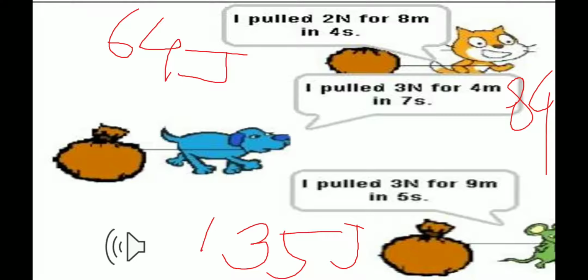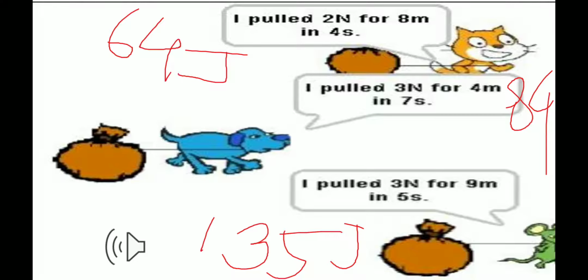And in the next case, I pulled 3 Newtons for 4 meter in 7 seconds. So 3 Newton into 4 meter is 12 Newton meter. And 12 Newton meter into 7 because I am taking out the work done in 1 second. So 12 into 7 is 84. So work done here is 84 joules in 1 second.